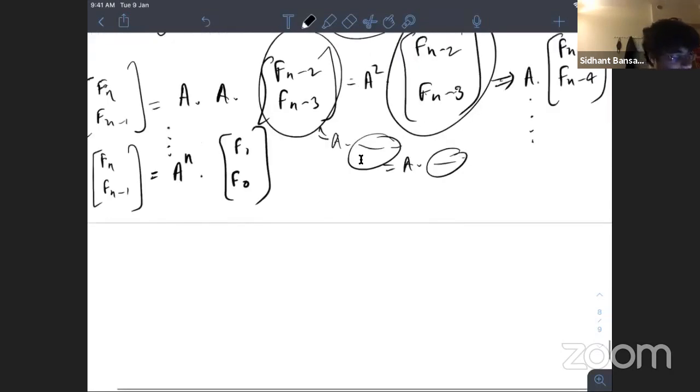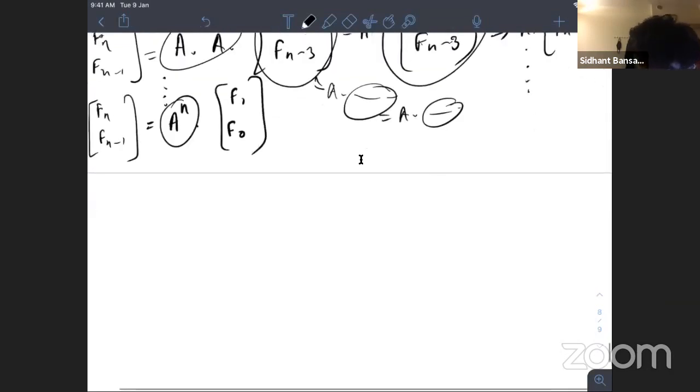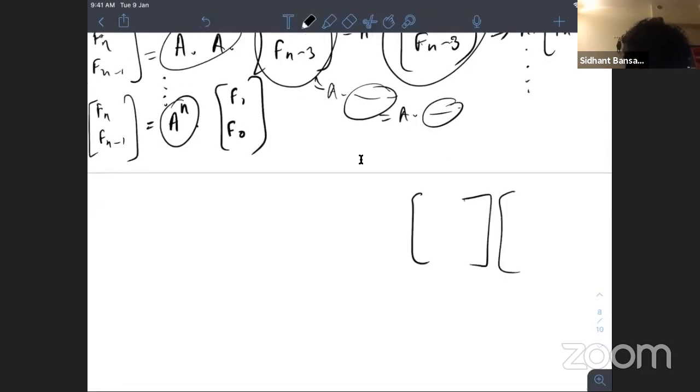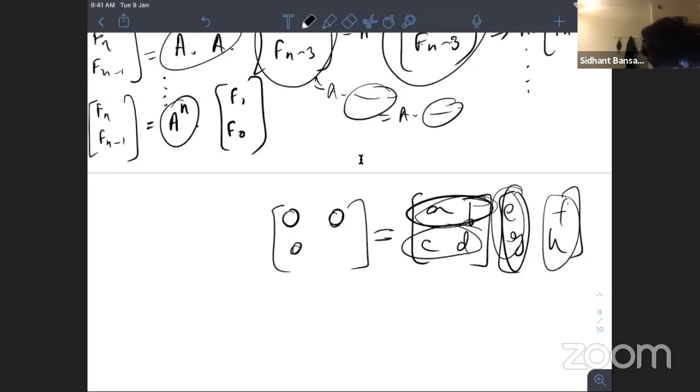Now an important thing here is, what does A to the n actually mean? I did A square here, but I didn't explain what A square is. When you are multiplying two square matrices, let's say A, B, C, D and E, F, G, H, the multiplication looks like this: A B into E G is the first cell, then A B into F H is the second cell, then C D into E G is the third cell, then C D into F H is the fourth cell.